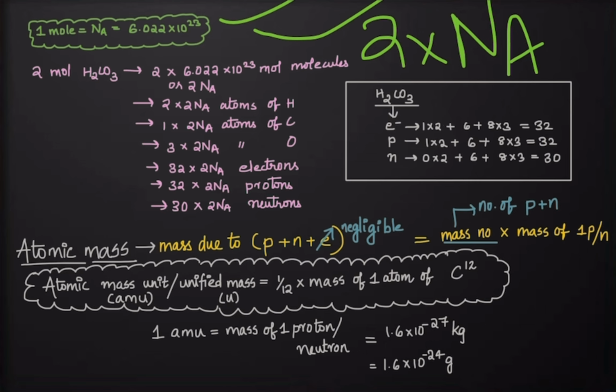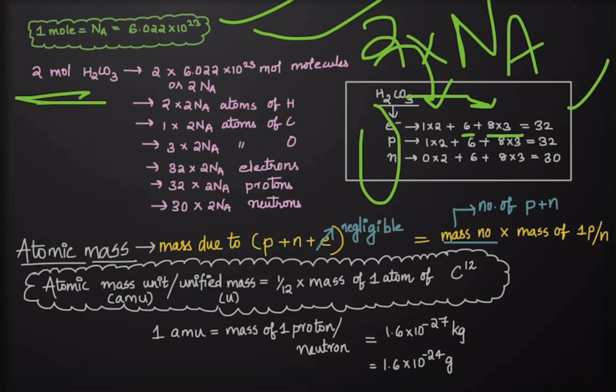Okay, here is the example. 2 mole H2CO3 is present. So in H2CO3, find the total number of electrons, protons and neutrons. Hydrogen has 1 electron, that is 1 into 2, plus 6 for carbon, plus 8 into 3 for the 3 oxygen atoms, which is equal to 32.